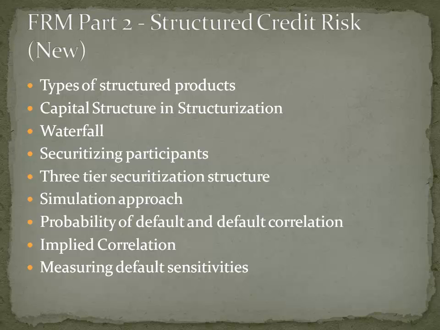What we need to understand here are the qualitative impacts of changing default probability and default correlation for all tranches, for mean risk, where the mean is the average and risk is the credit VaR. Default sensitivities, which are similar to DV01, are things that we need to look at, and the process to compute correlation extracted from observable market prices.